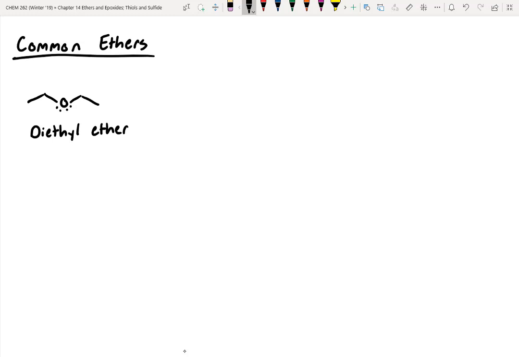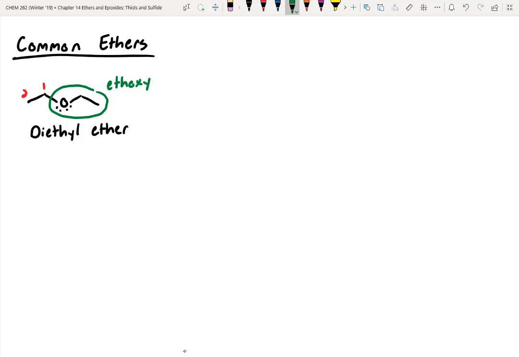If you want to do the fancy IUPAC name, you follow a really similar procedure to naming any sort of organic molecule, and that's where you identify the longest carbon-containing functional group. So for example, we could say, well, this is 2 carbons long, and then we've got this substituent coming off carbon number 1. This would be called an ethoxy group rather than just an ethyl group.